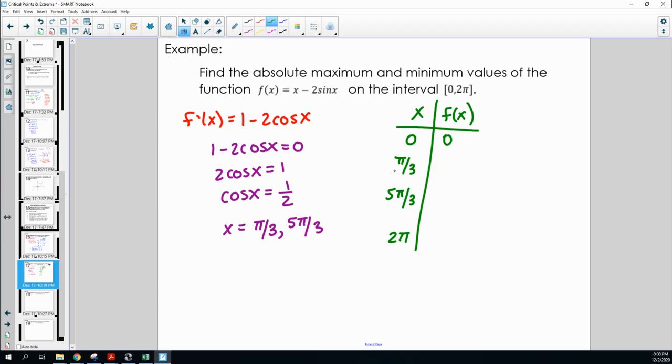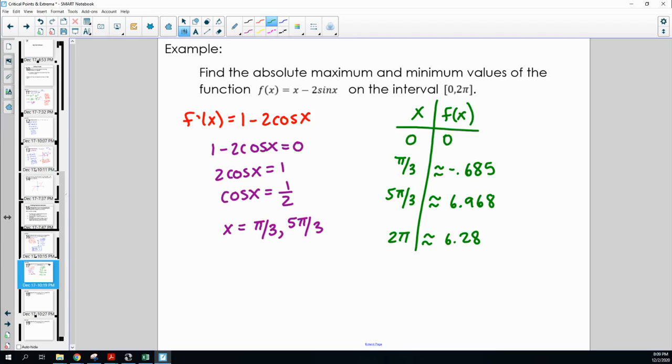I plug in pi over 3, and I get about negative 0.685. Remember, if you're using decimals, use 3 decimal places or more. For 5 pi over 3, that's about 6.968. And when I plug in 2 pi, that's about 6.28.